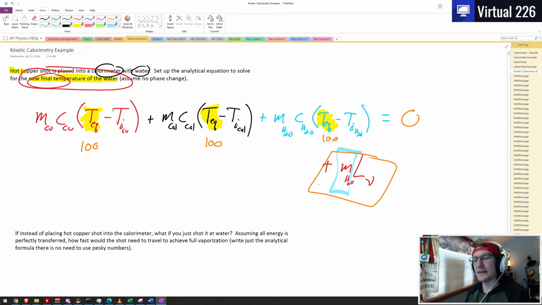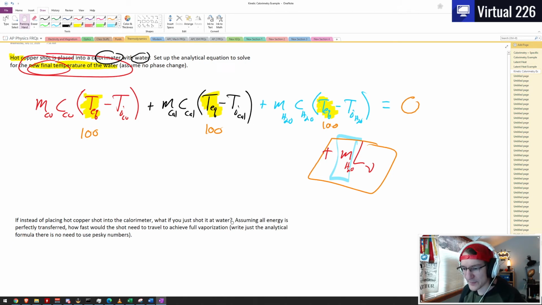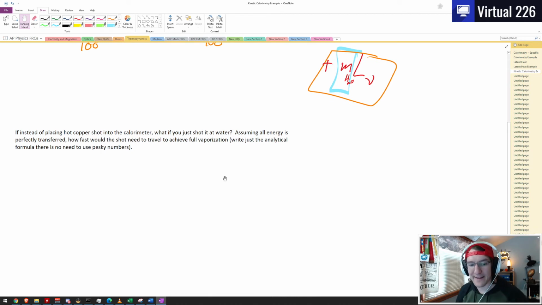Okay. Now, one other thing that we could do in a problem like this is, if I take a bunch of balls of copper, I could heat them up on a hot plate or on a stove and then dump them into the water, right? But what if I just took a shotgun and shot it into a vessel of water, and I stored all the energy there? In this case, I can use the idea that traveling mass has energy.